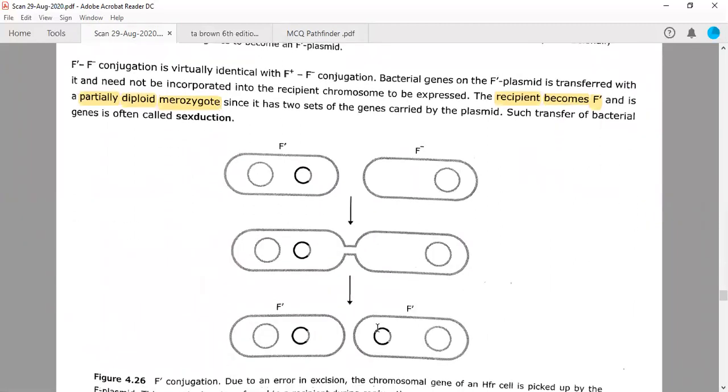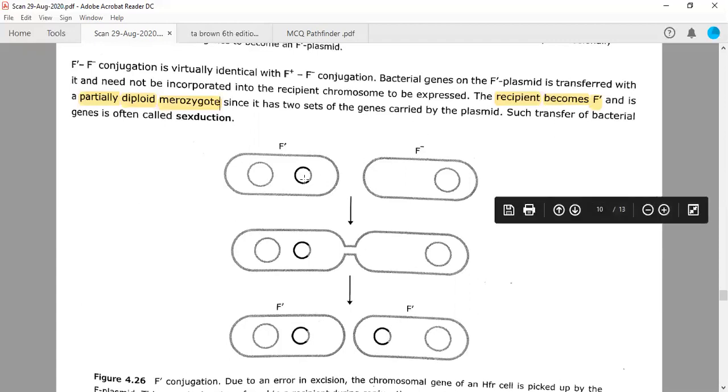So see here, why is this called merodiploid? Because this conjugation is actually intraspecific, meaning it happens in the same species of bacteria, and the same species of bacteria have almost the same set of genes. So suppose this F dash plasmid is transferred from this F dash to some F negative bacterial cell, what will happen?